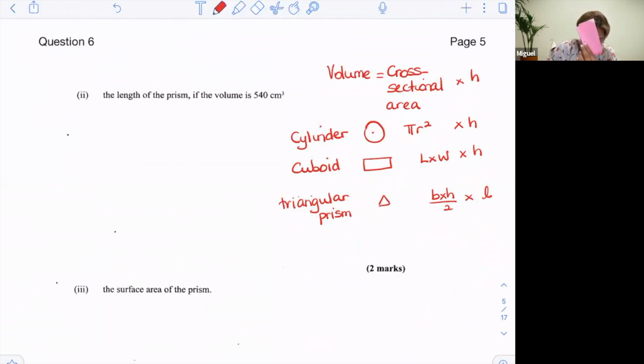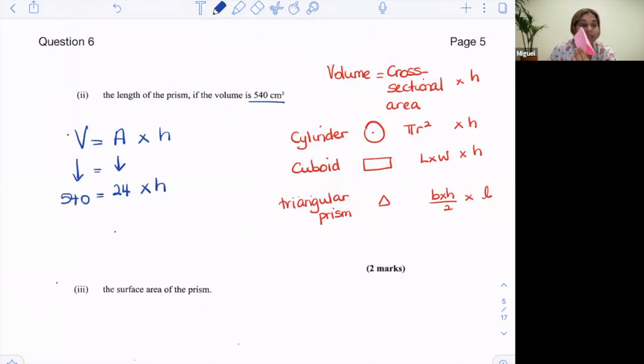So volume is the area by height. The area was worked out in part 1 as 24. The volume is given as 540. Work out the height or the length of the prism. Go ahead.